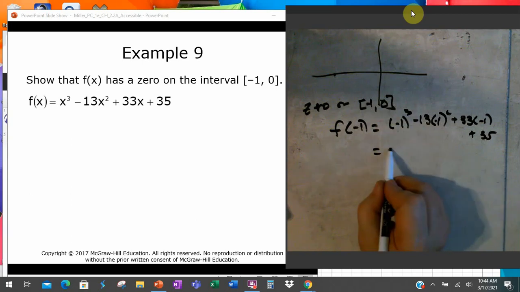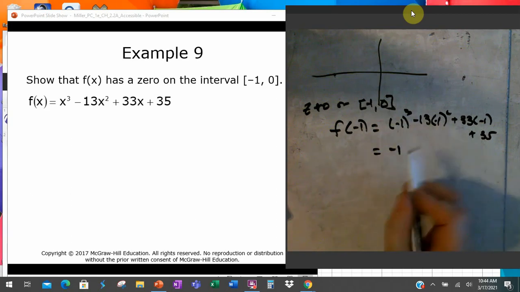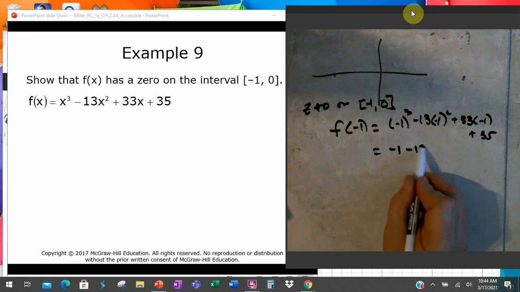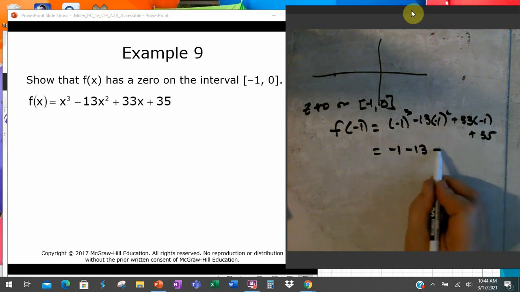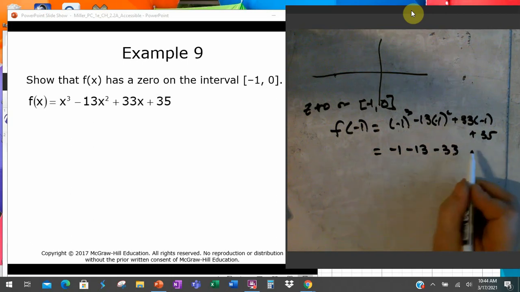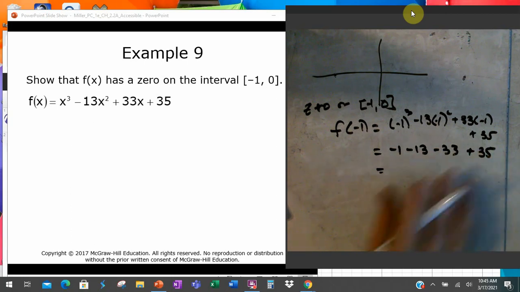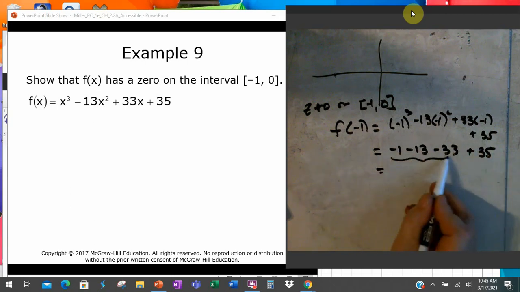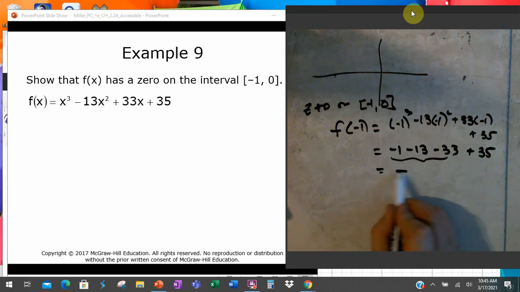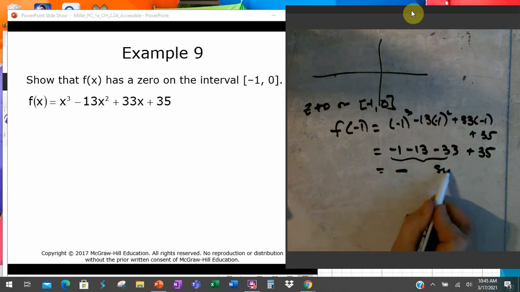So this is -1, and -1 squared is 1, so this is going to be minus 13, minus 33, plus 35. And now I'm not going to do the actual value. I'm just going to note that this is bigger than 35, so the sign is negative.